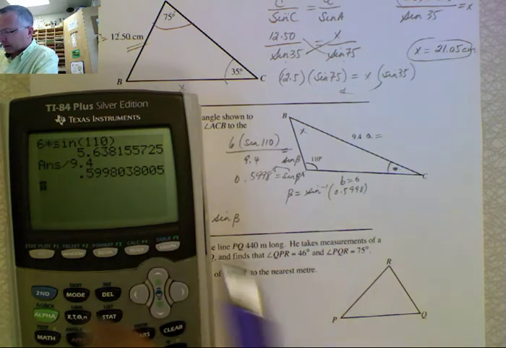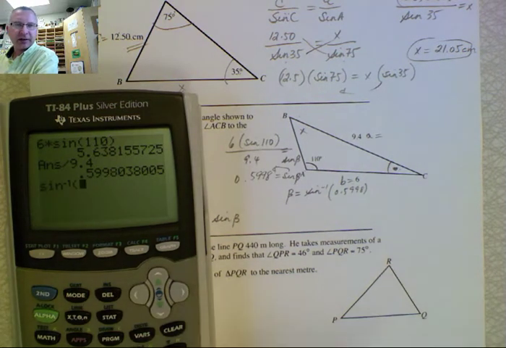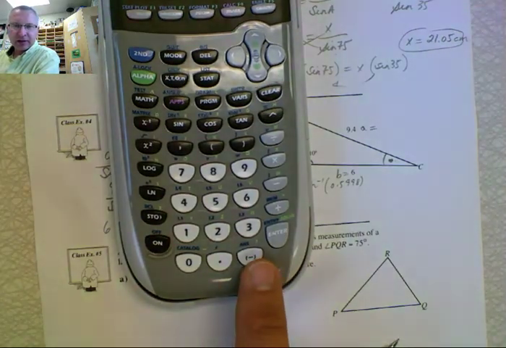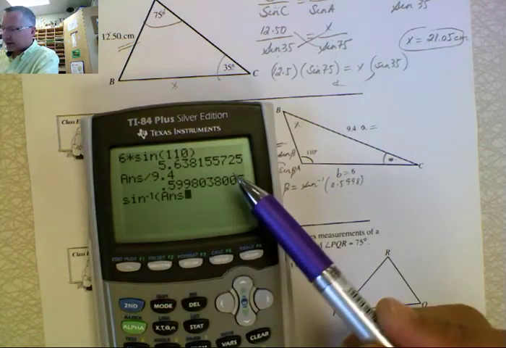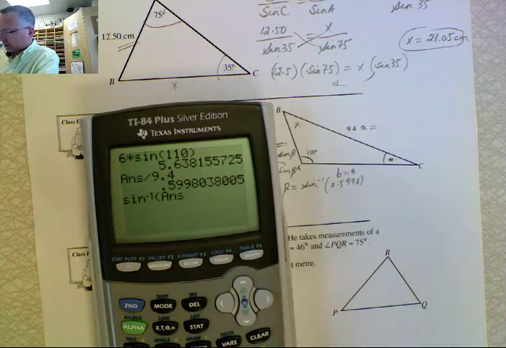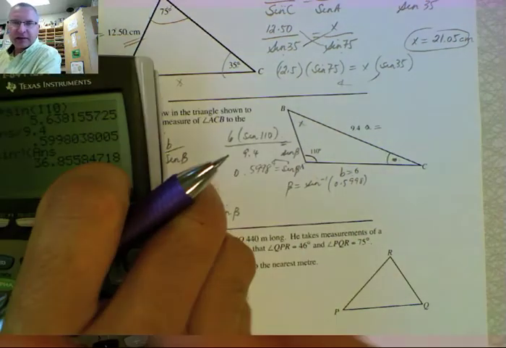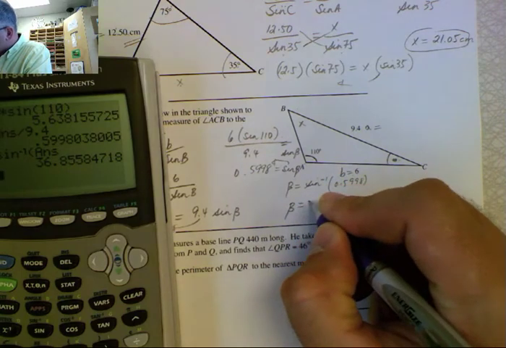So on my calculator, I'm going to go second function sine, and I'm going to go second function answer. Answer is down here on this negative key with the brackets on it. So what that does is actually takes the last answer and puts it into this position. And to the nearest whole degree, that's going to give us 37 degrees.